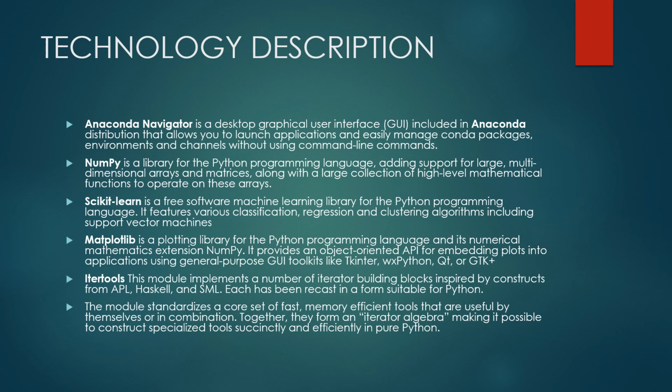This also includes an object-oriented API for embedding plots into applications and tools. This module implements a number of iterator building blocks inspired by constructs from APL, Haskell, and SML.